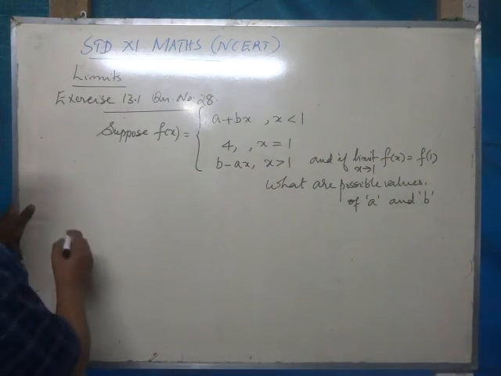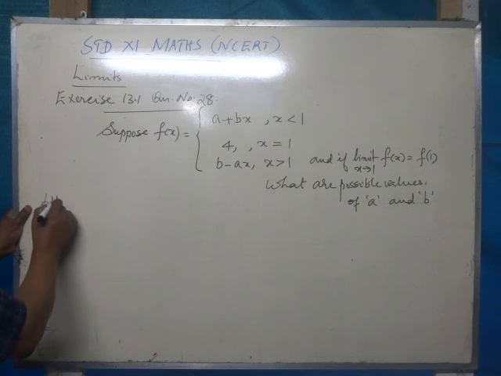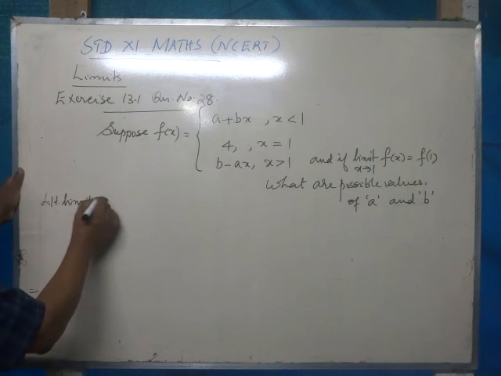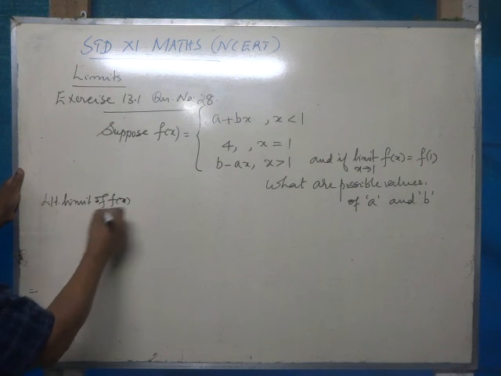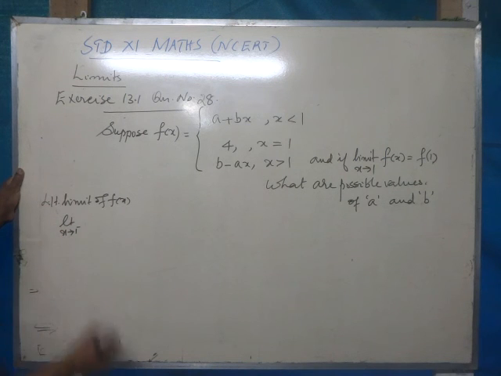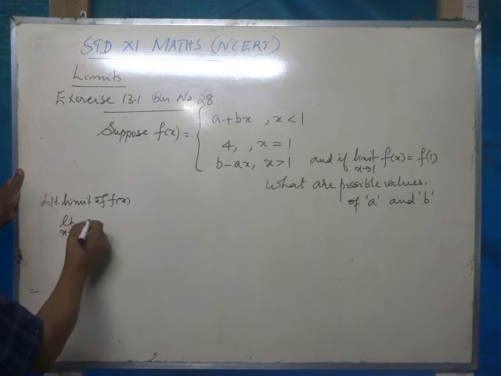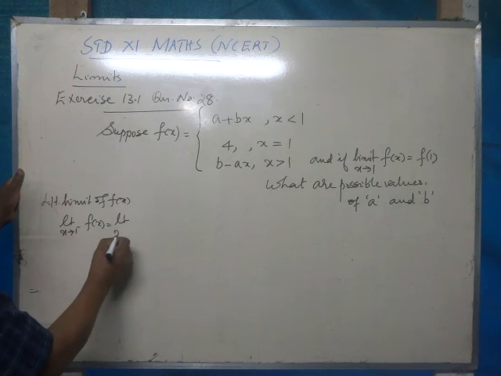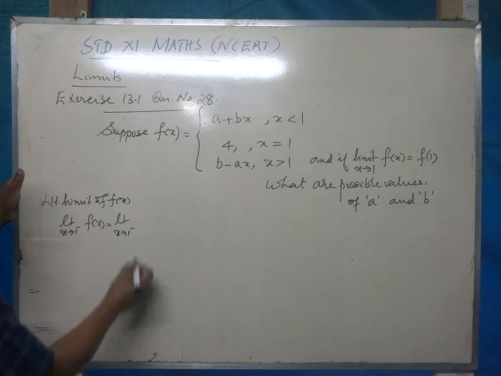Now, the LH limit of f of x, that is limit x tends to 1 minus f of x, is equal to limit x tends to 1 minus.